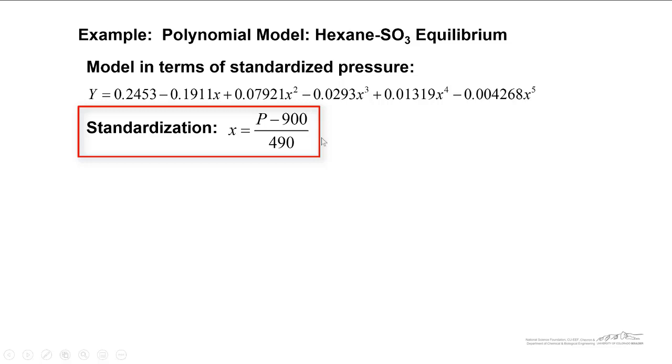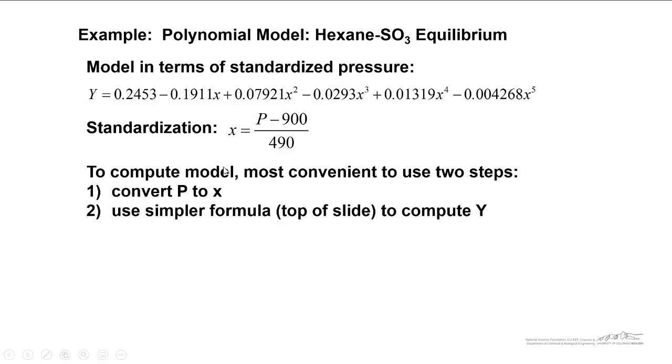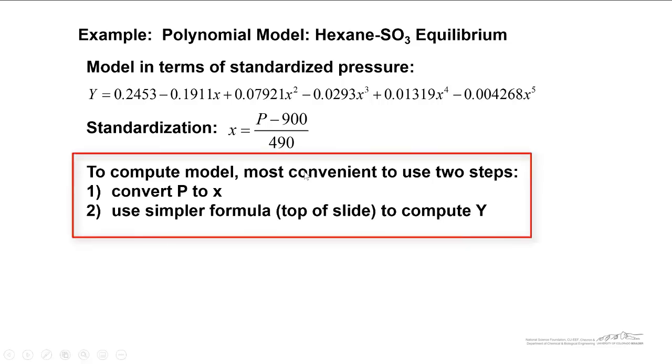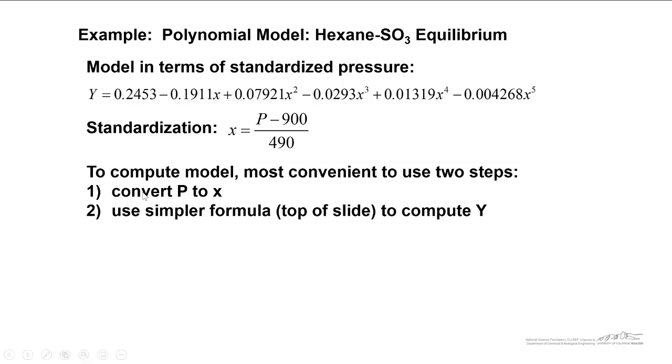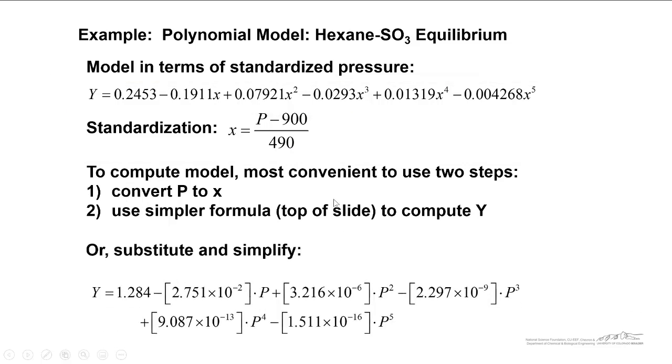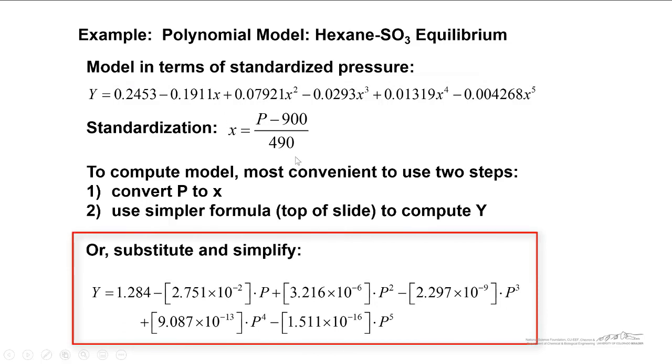And 490 is our standard deviation. And then you could put this into the model. So it's most convenient to use two steps: convert pressure to x, and then use this equation up here to compute y. Alternatively, you could substitute this x into the model and solve in terms of p. This takes some time, but it is definitely another option.